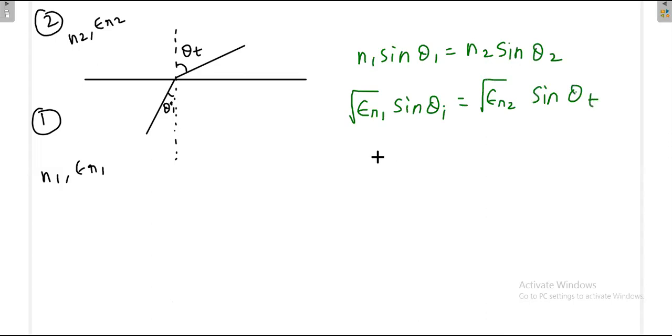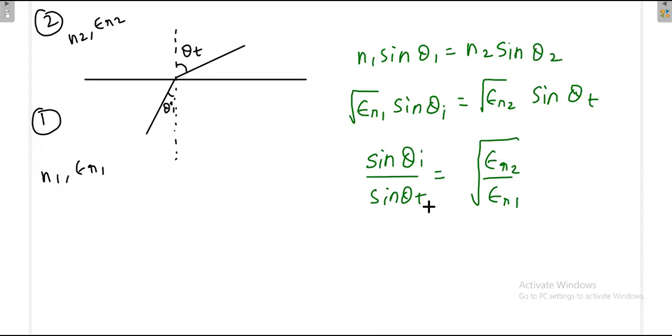So this can also be modified like this: sine theta I divided by sine theta t is equal to square root of epsilon r2 divided by square root of epsilon r1. This is Snell's law. Once you know the relative permittivity of medium 1 and 2, and the incident angle, then very easily you can find out the transmitted angle.